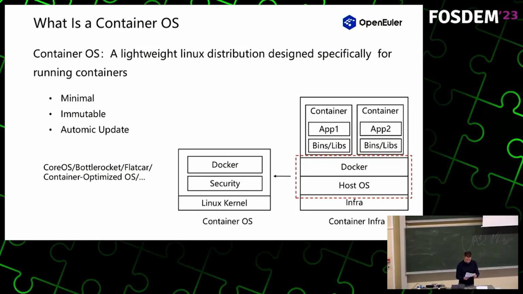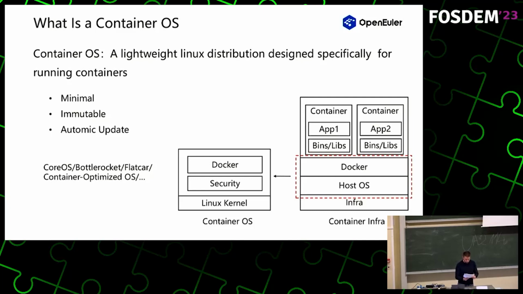Like on the figure on the right, there is a host OS, and it's not the OS running inside the container. So you have three important aspects: minimalism, immutability, and atomic updates. Minimalism means that you only include what you really need as components in the host OS. So the container OS requires the Linux kernel, container engines like Docker and Containerd, and security mechanisms such as SELinux to ensure security.